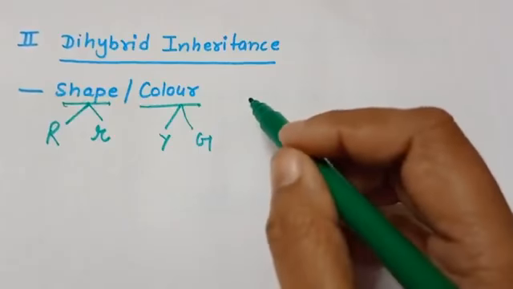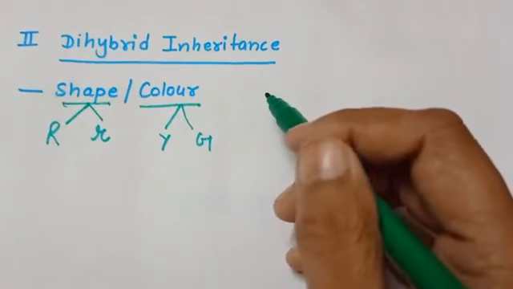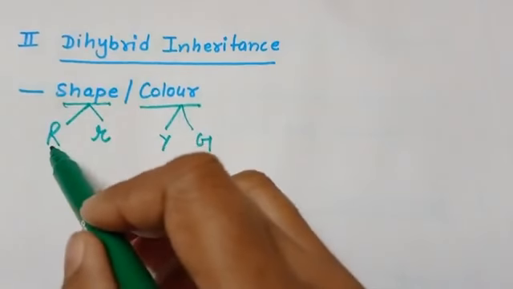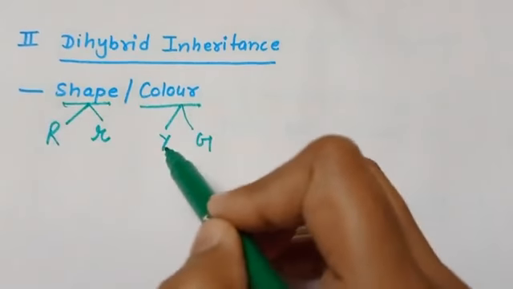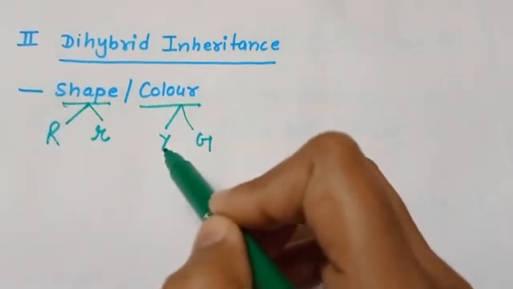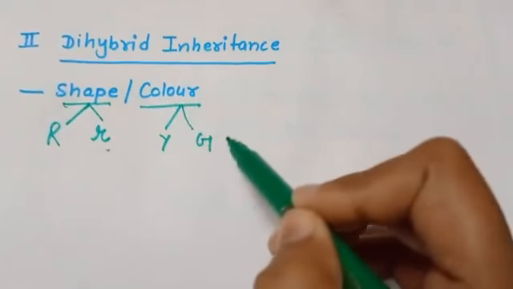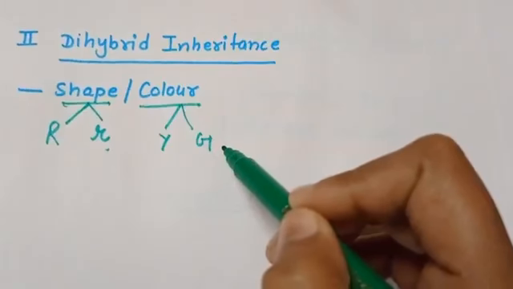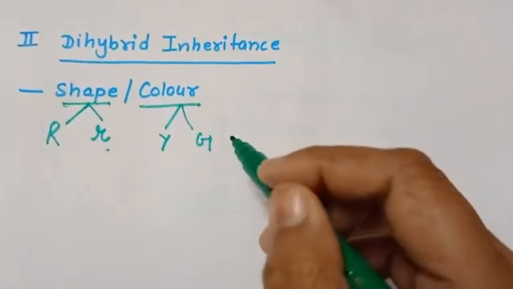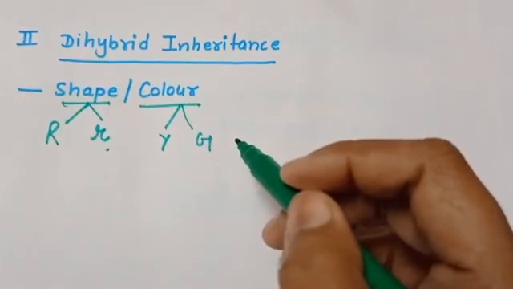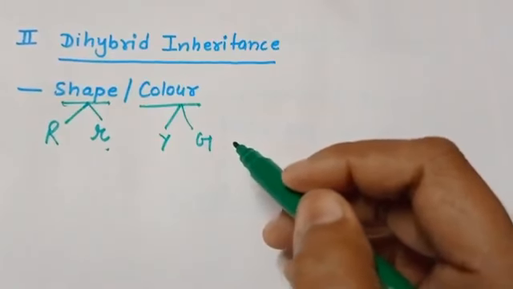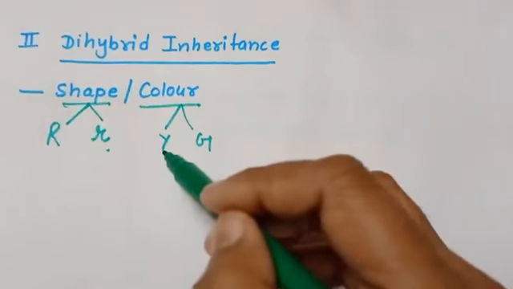He crossed pure breeding pea plants having round yellow seeds with the wrinkled green seeds. All the pea plants produced in the first generation had round yellow seeds.